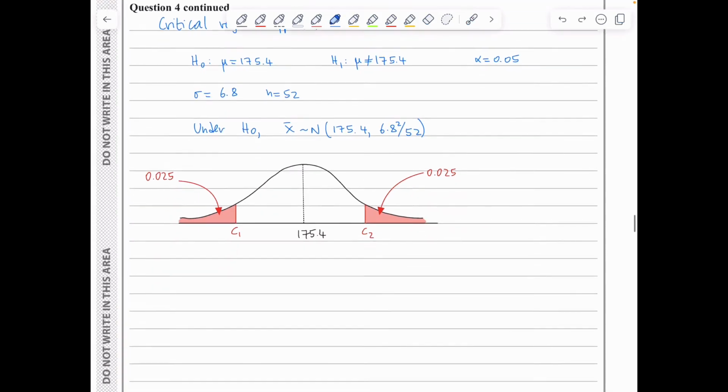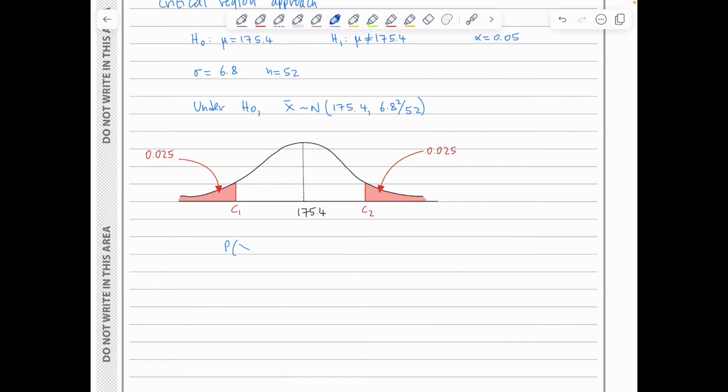So essentially we need to solve the probability of x bar being less than C1 to be equal to 0.025, and the probability of x bar being greater than C2 to be also 0.025.